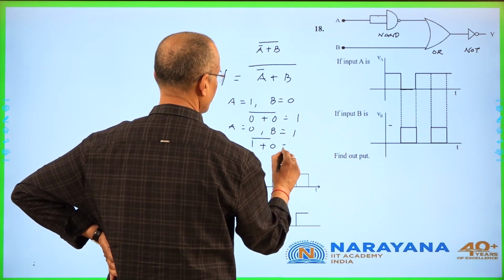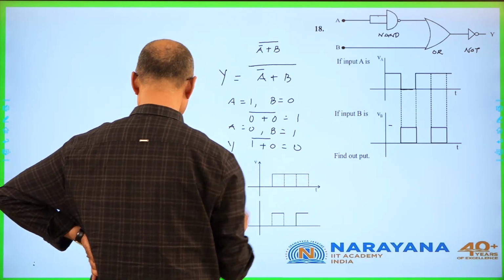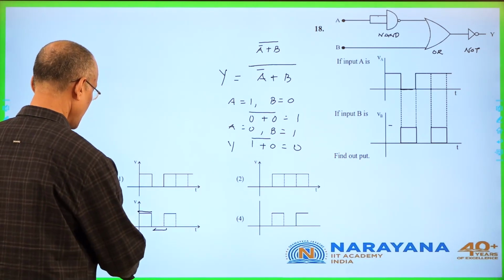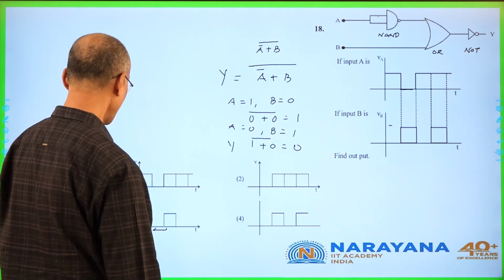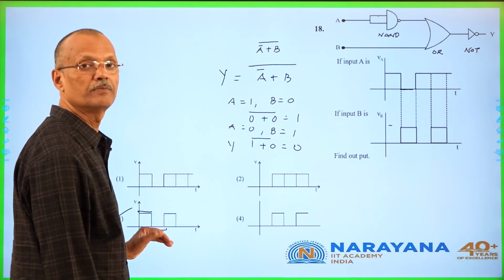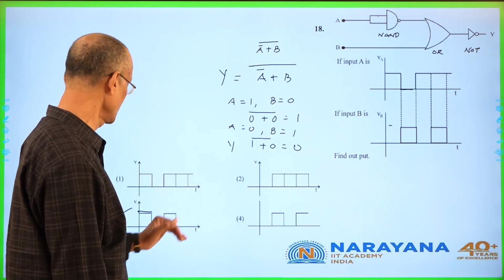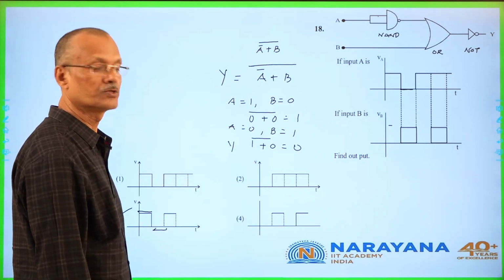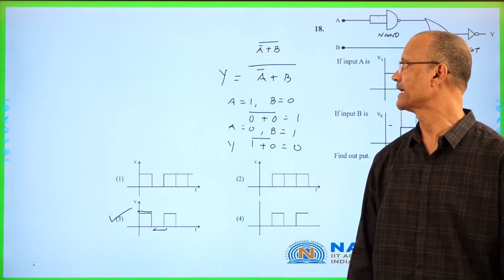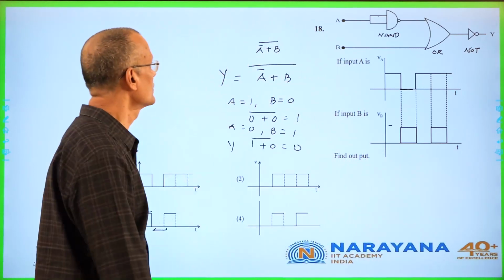So Y will become 1 plus 0, 1, not, it will become 0. You see here it is 0. So directly I can see that the answer will be number 3. Your Y will be given by B. Here you are checking 1, 2, 3, number 3. So the correct answer will be number 3 once you check it. Clear to you? Let us move now to the next question.